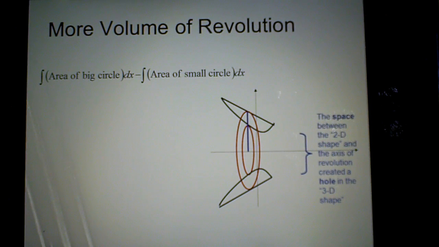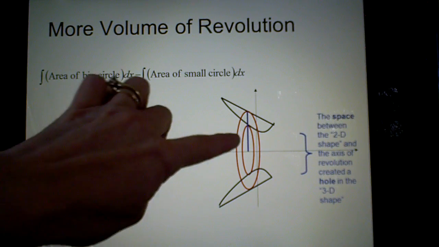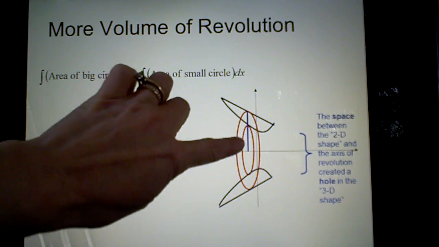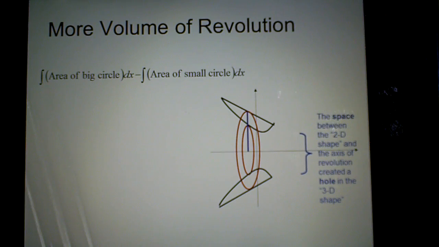I need to find the area of the big circle. So once again, there's the radius of the big circle from the axis of rotation up to which function? Linear function. This blue line is the radius of the big circle, from the axis of rotation up to the linear function.